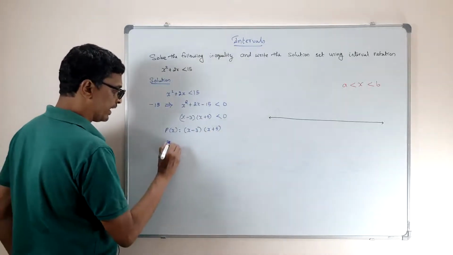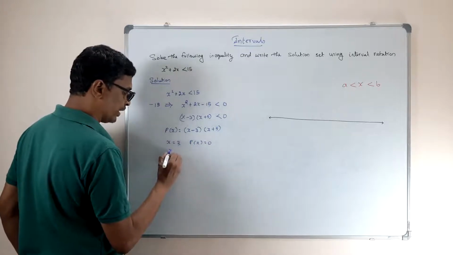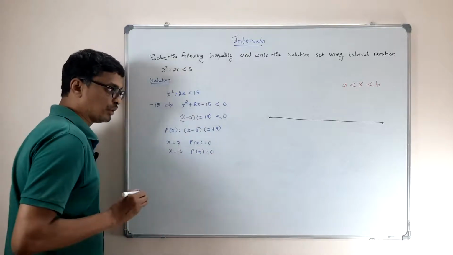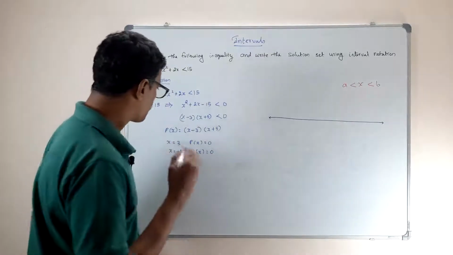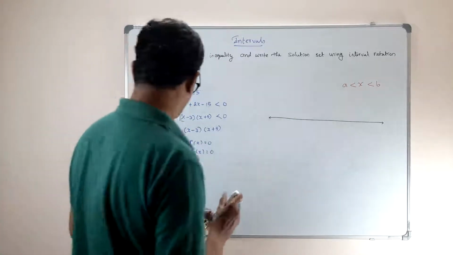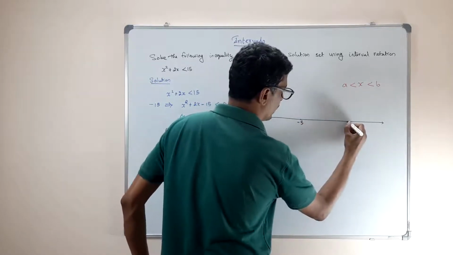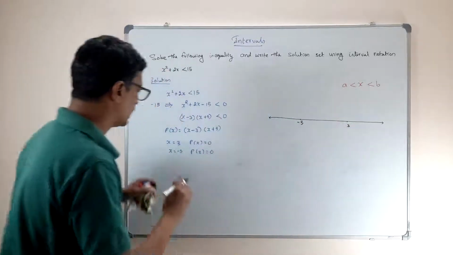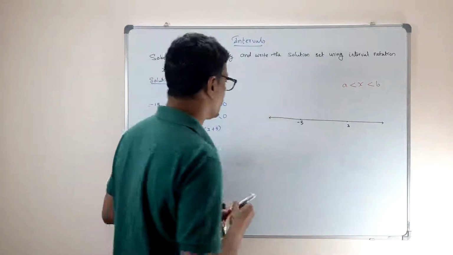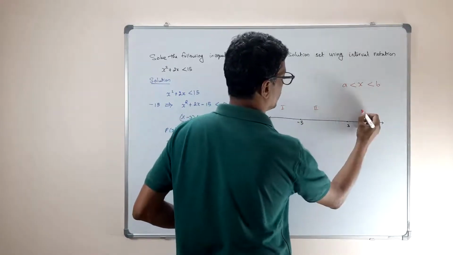When x is equal to 3, p of x is equal to 0, and when x is equal to minus 5, p of x is equal to 0. So let me mark these two points here, minus 5 and 3. Basically this has divided your region into 3 parts. Let these be 1, 2 and 3.